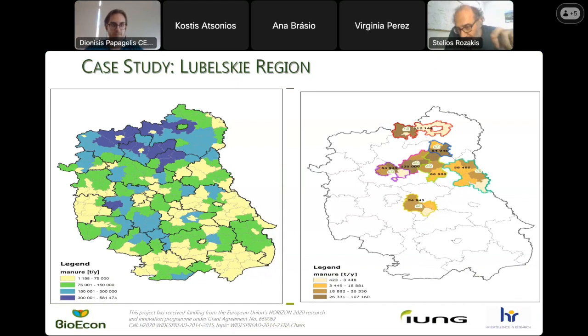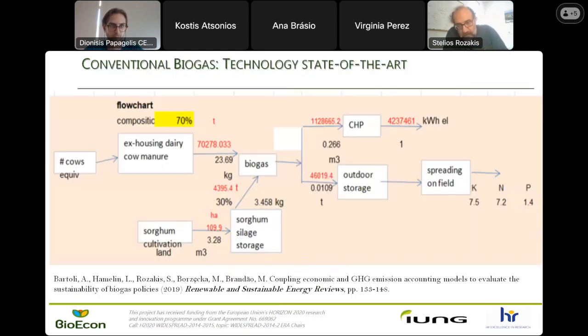The most efficient industrial unit is also spatially located, so the model can determine the siting of this unit. So it comes together with the technology. The location is a parameter in the model. We can visualize this in the map.